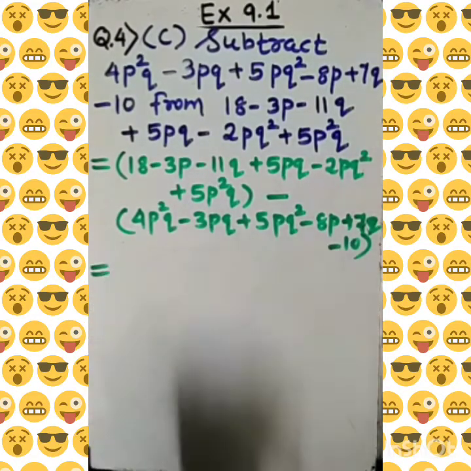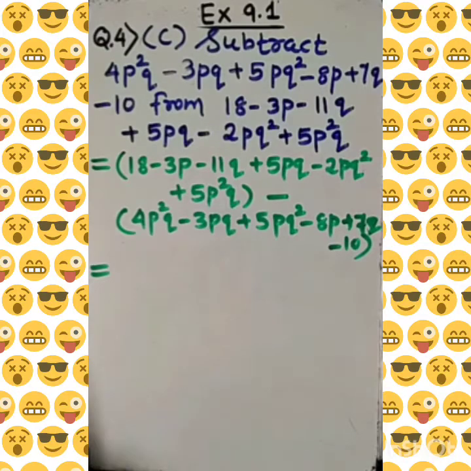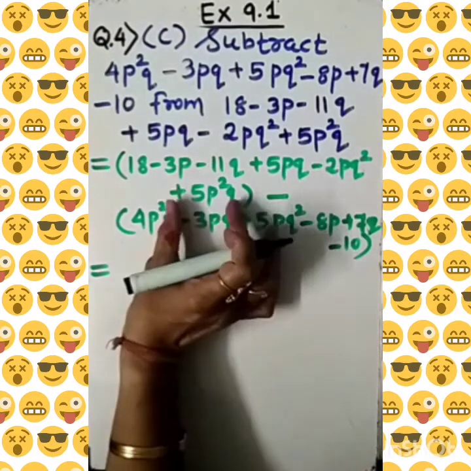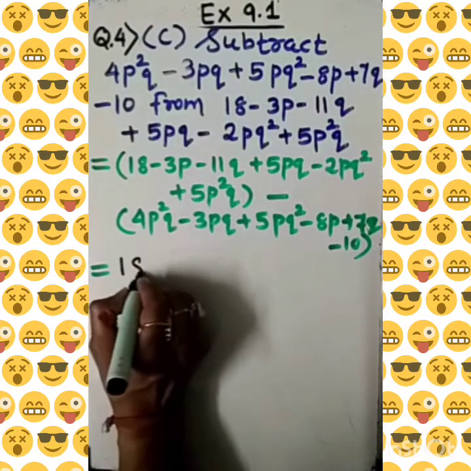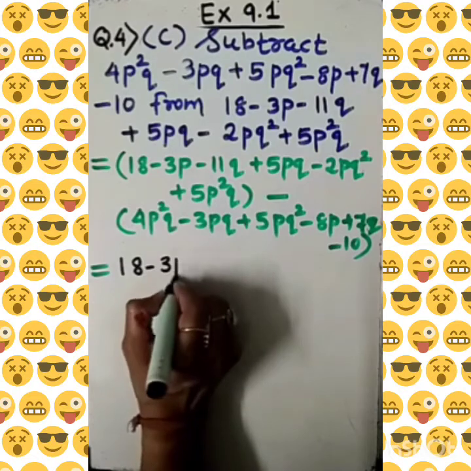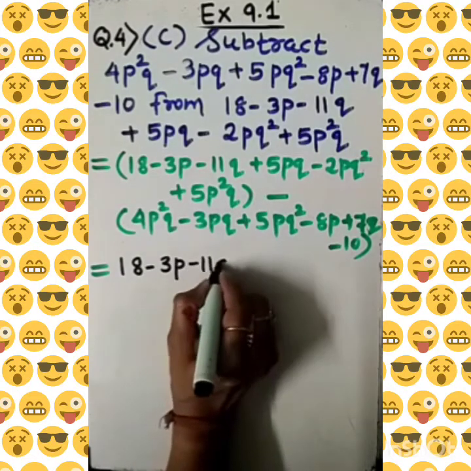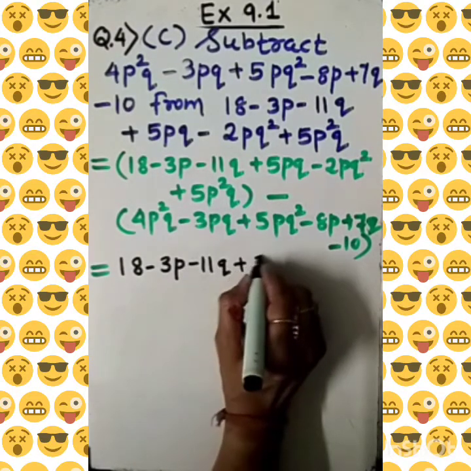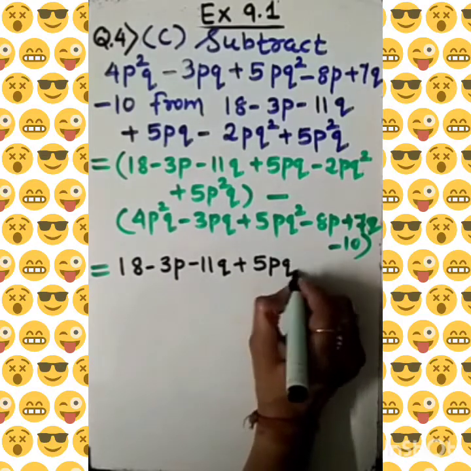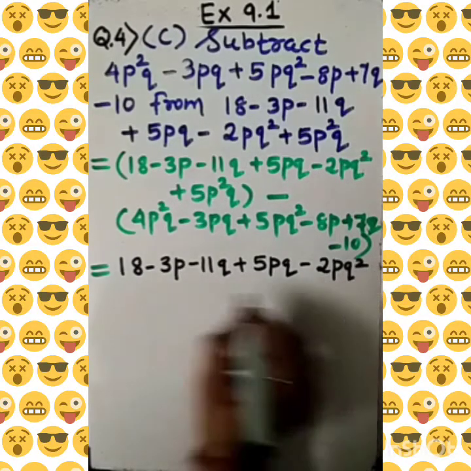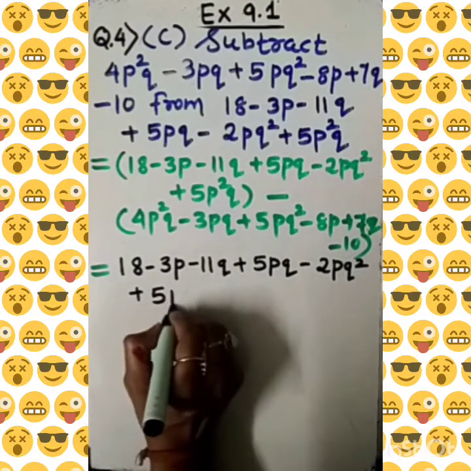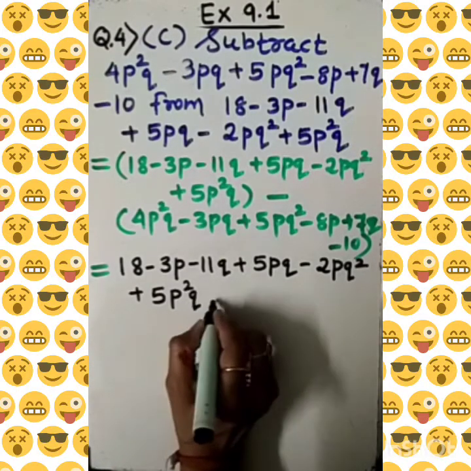Now equal to. As usual, we are opening the bracket. While opening the bracket, we are not going to change any sign of this first expression. So we will have 18 minus 3p minus 11q plus 5pq minus 2pq square plus 5p square q minus.